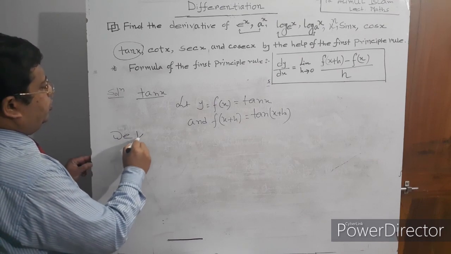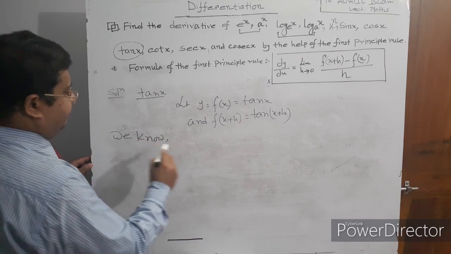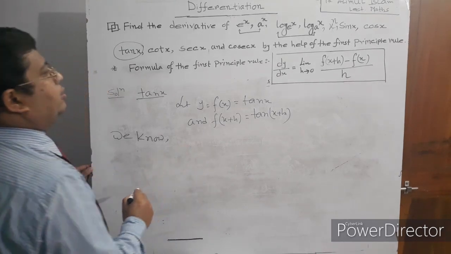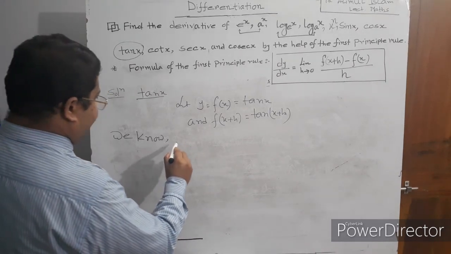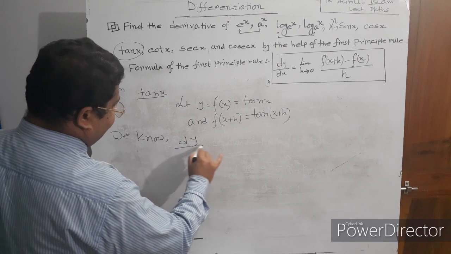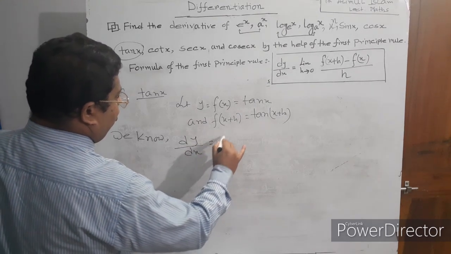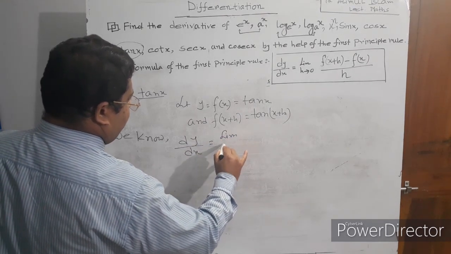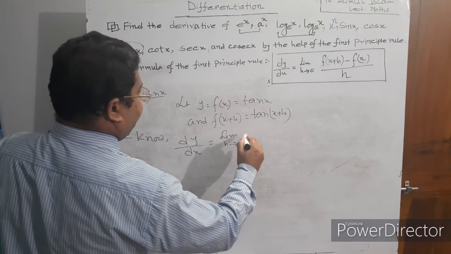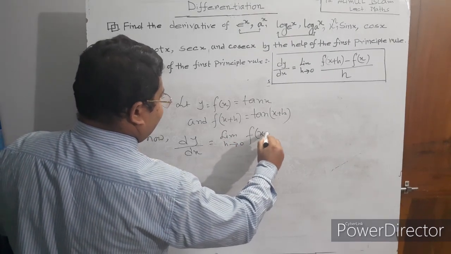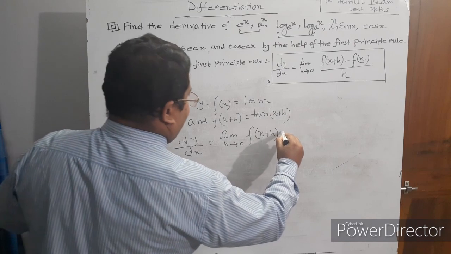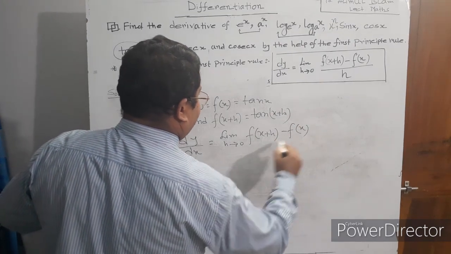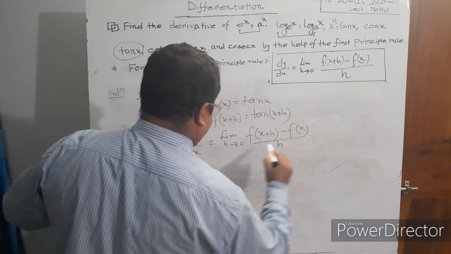We know the rule of the first principle law. dy/dx is equal to limit h tends to 0 of function of x plus h minus function of x divided by h.